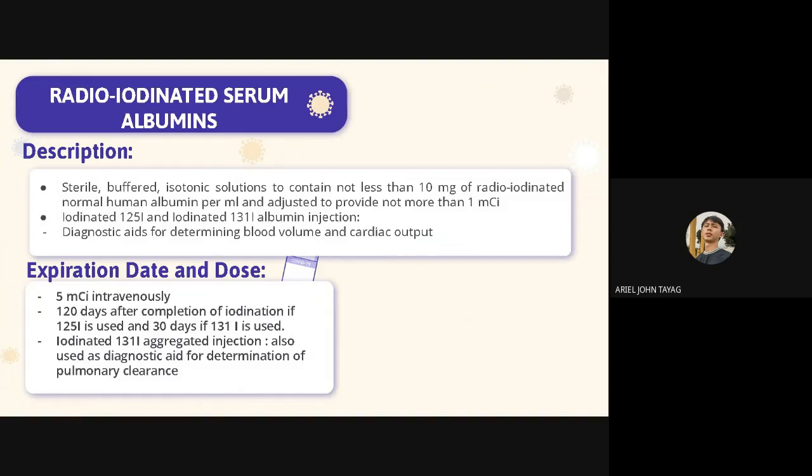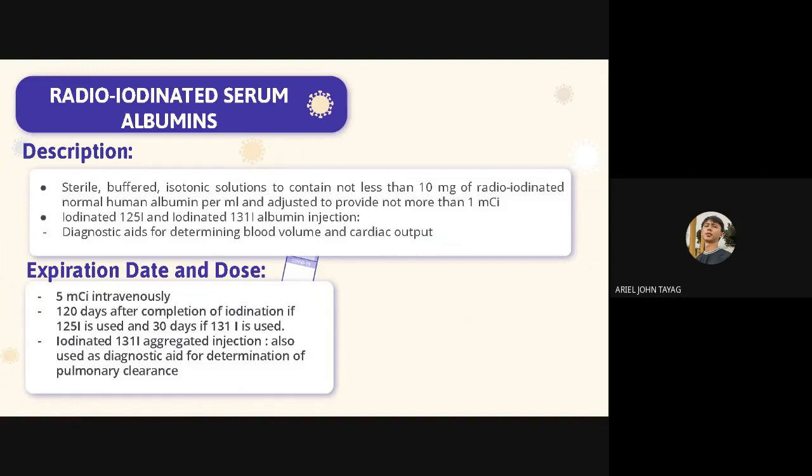So we have iodinated 125I and iodinated 131I albumin injection. So it is a diagnostic aid for determining blood volume and cardiac output.